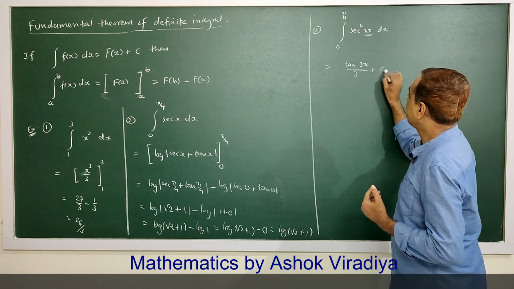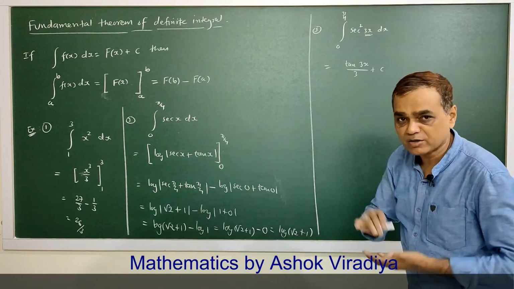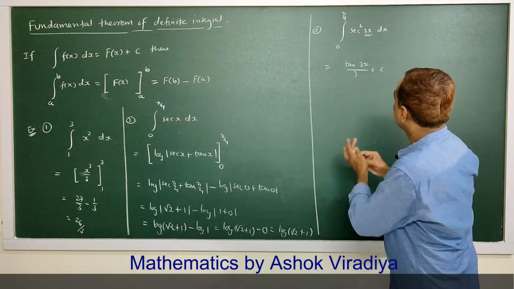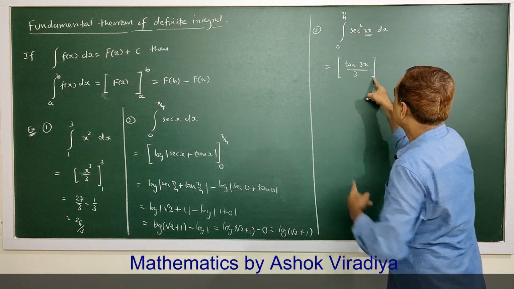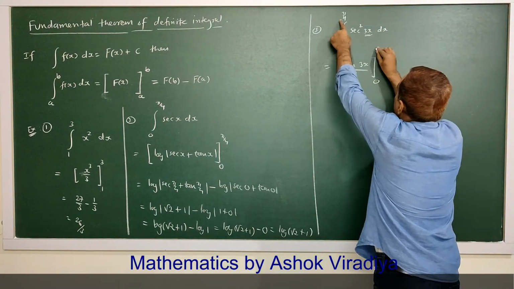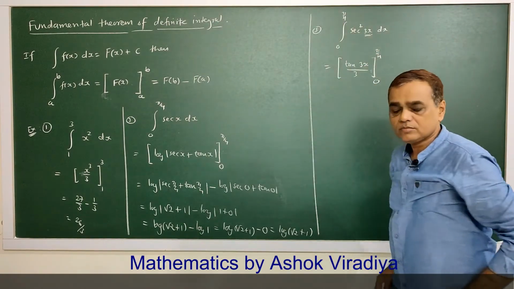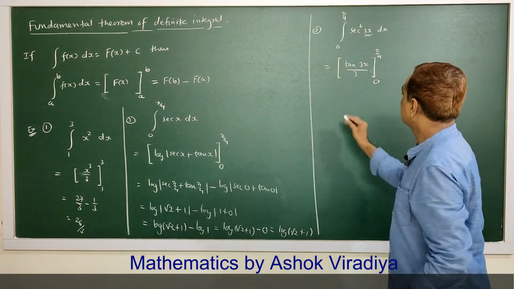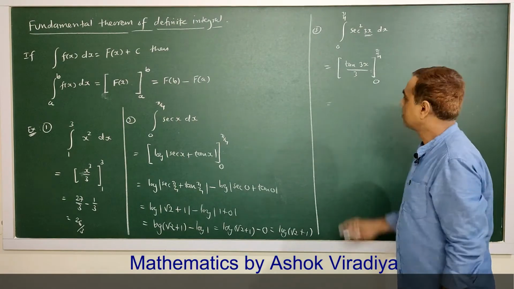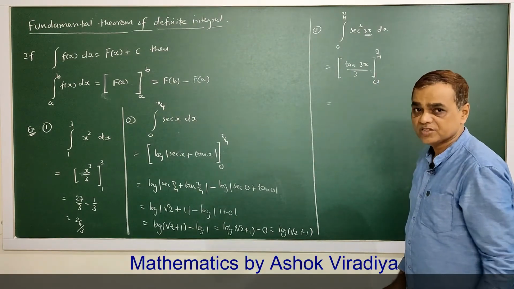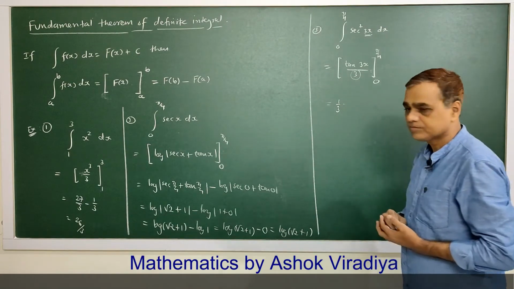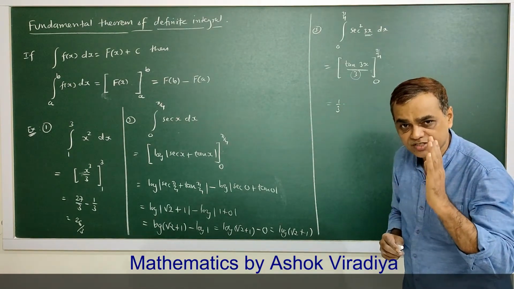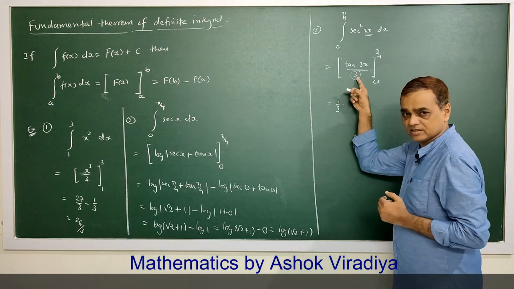So this is the indefinite integral. But when finding a definite integral, we do not include c in this bracket. Keep the lower limit here, the upper limit here. So this is equal to, now putting the upper limit, 1 by 3 we can take outside, because in the difference this will be common.